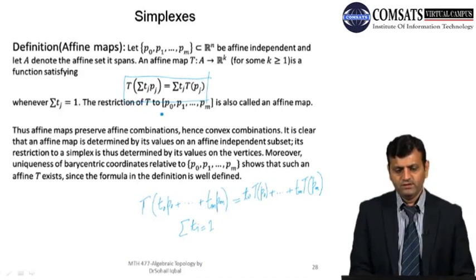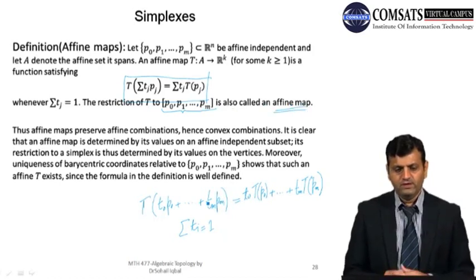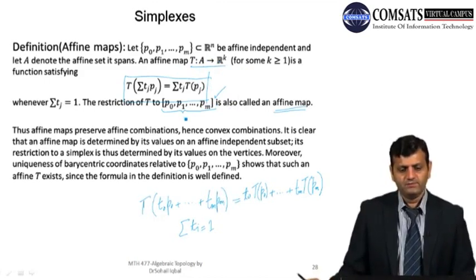The restriction of T to this simplex is called an affine map. We can define this map from any affine set, and since this simplex is contained in A, it is also called an affine map if we restrict this map to this m-simplex. Thus affine maps preserve affine combinations, hence convex combinations.